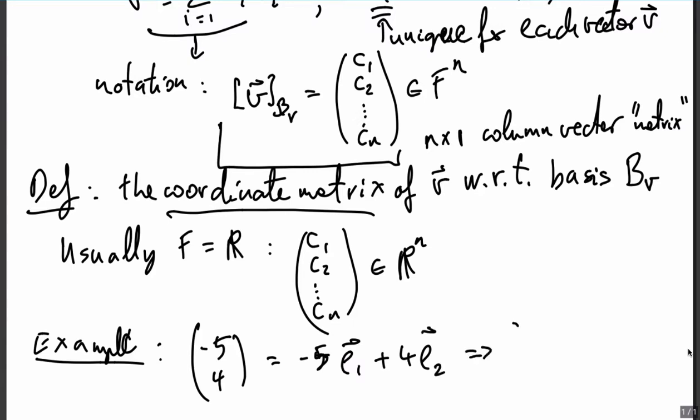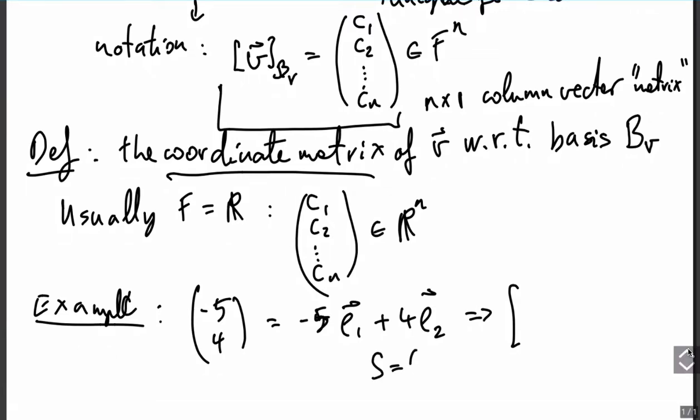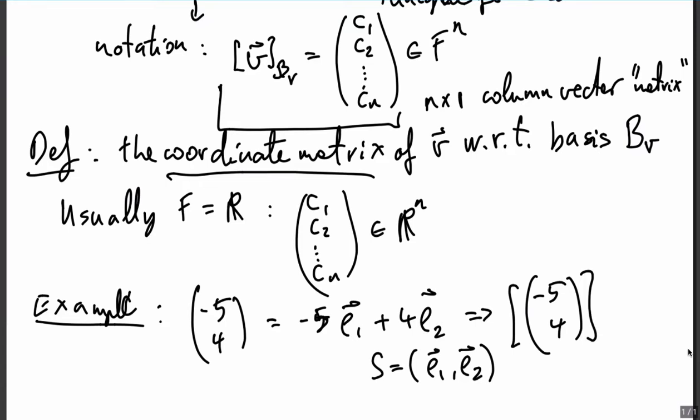If I use S now for this basis with the E1 and E2 vectors, then the representation of (-5, 4) in the standard unit vector basis is (-5, 4). So what's so interesting about this?